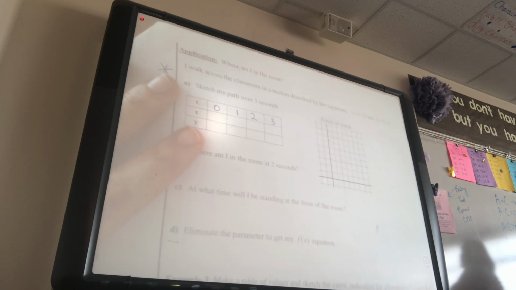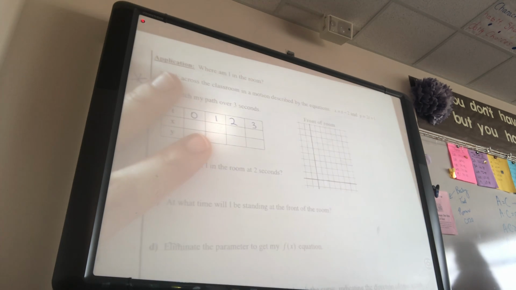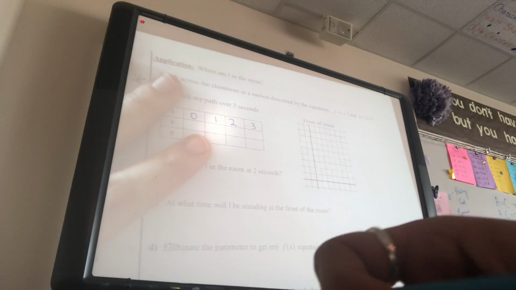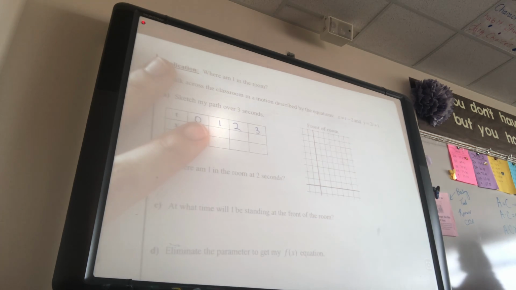Ooh, life is good. Why is life good here? The x's and y's are on the left. X's and y's are already solved for, and look at the equations. Both of them have t's. So life is super easy here.